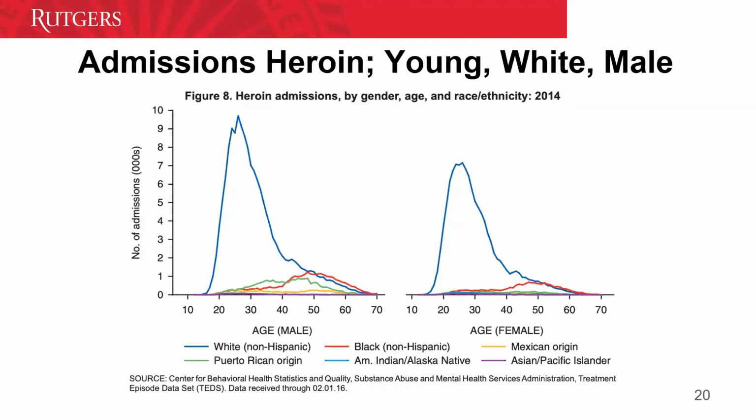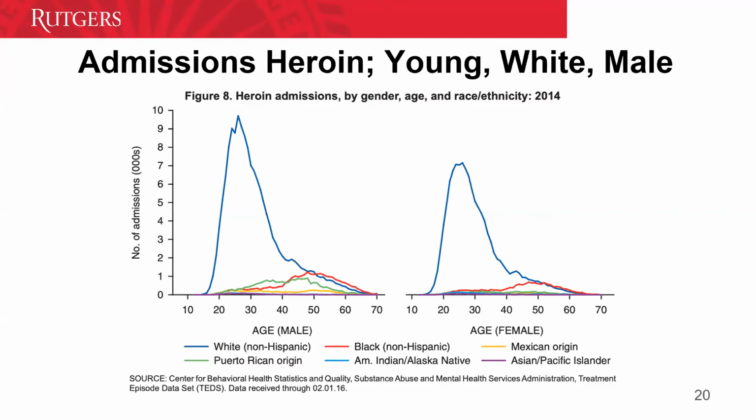And when we look at admissions for those using heroin, it has largely affected the demographic of young white males. This chart shows that prescription opioid misuse has affected whites ages 20 to 34 more than any other population subgroup. The opioid crisis continues to disproportionately affect non-Hispanic whites.